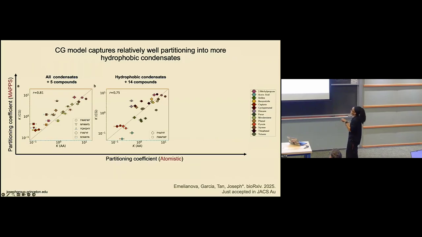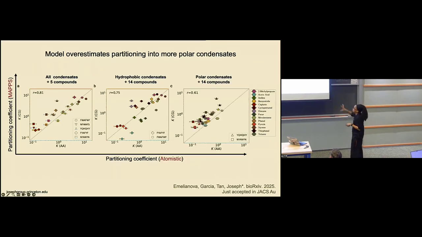If we select only for the hydrophobic condensates, we also do relatively well. But what we find is that when condensates are enriched in more polar residues, we have a systematic overestimation of the partitioning there. That is telling us that this empirical relationship that we derive is neglecting some effects of the solvent that we're just not capturing very well.